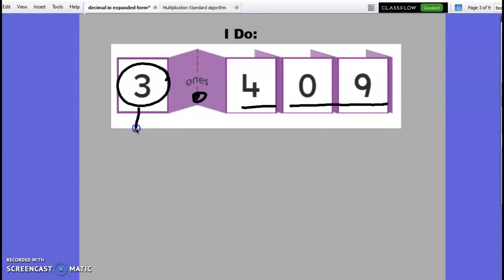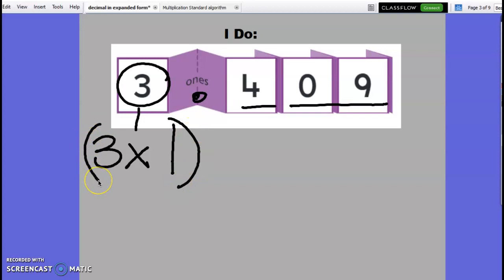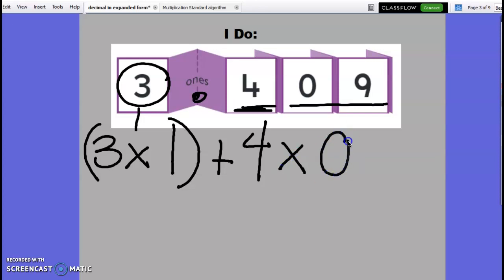So I have 3 sets of 1, 3 sets of 1 plus, here's my 4. It's in the tenths place. I have 4 sets of 1/10. So if I multiply 4 times 1/10, I would get 4/10, which is right here.